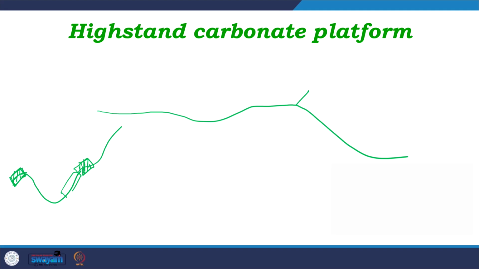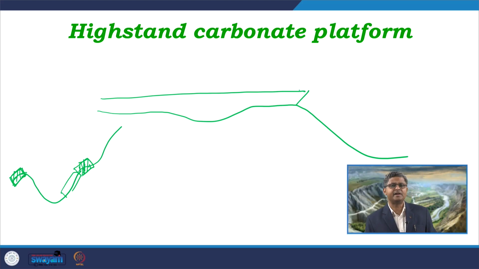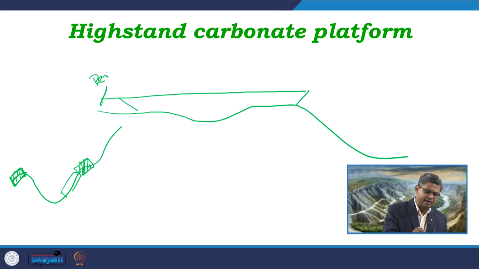At this point, the entire platform area gets a significant amount of sediment, it is flooded, completely waterlogged, and that is why this entire area maintains a very shallow water condition, remaining within the photic zone, and as a result we get significant carbonate deposition in this entire area under relatively low energy conditions. So, what kind of condition do we expect? Towards the landward direction, in this part we commonly get a peritidal condition.